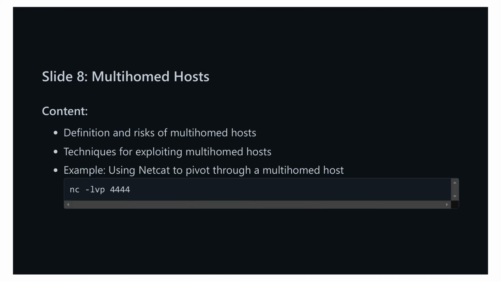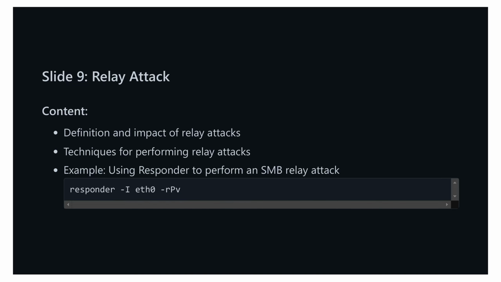On the previous slide, we delved into multi-homed hosts, defining what they are, discussing their associated risks, and exploring various techniques for exploiting them. A practical example we discussed is using Netcat to pivot through a multi-homed host, where we use the command nc -lvp 4444 to establish a listening port.